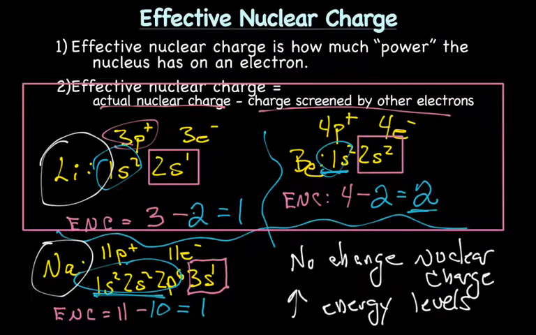But because we're adding electrons to the same energy level, we're not changing the energy level, so we're actually increasing both the actual nuclear charge and the effective nuclear charge, right? We're going from an effective nuclear charge of 1 with lithium and an effective nuclear charge of 2 with beryllium, not boron.